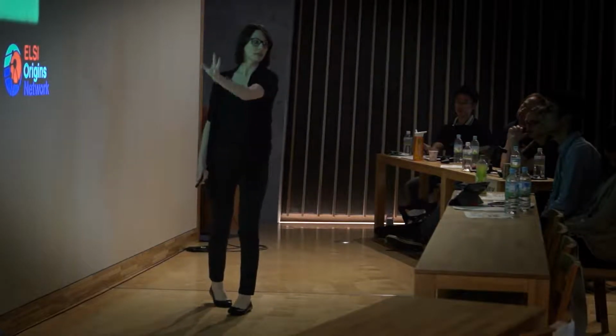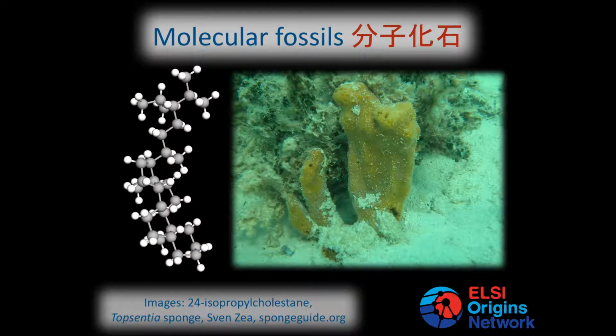Sponge biomarkers, like this molecule here, have been found in Cryogenian rocks which are more than 635 million years old. This suggests that sponges, which are the most ancient of the living animals, had evolved by this time.